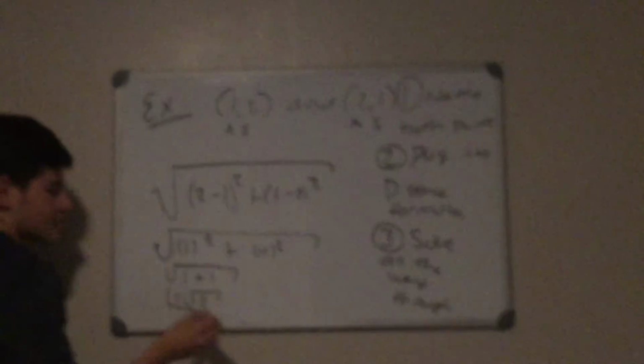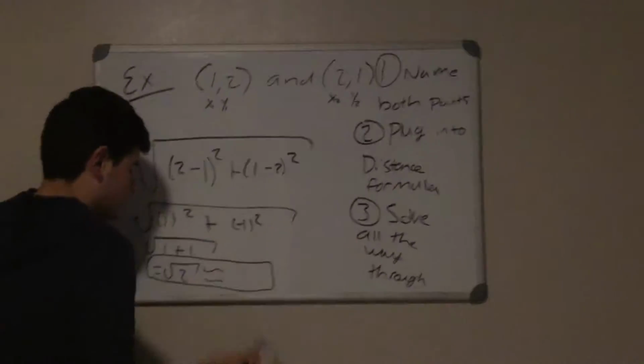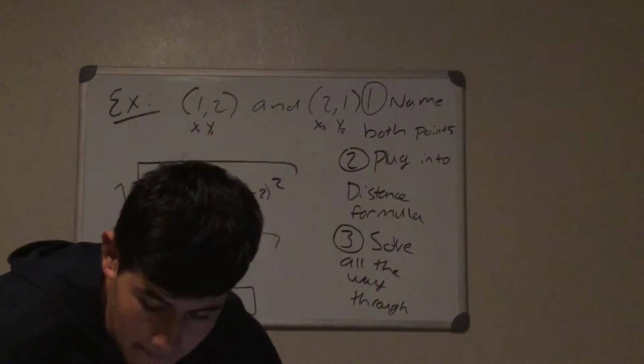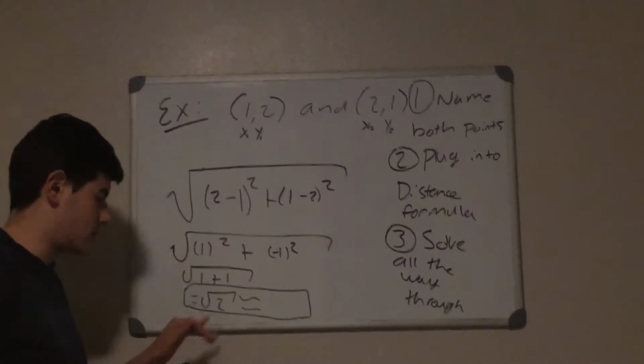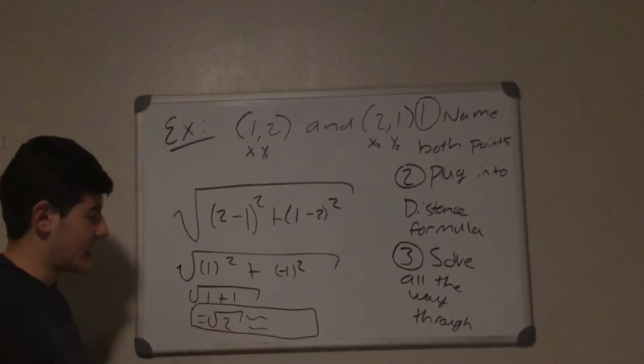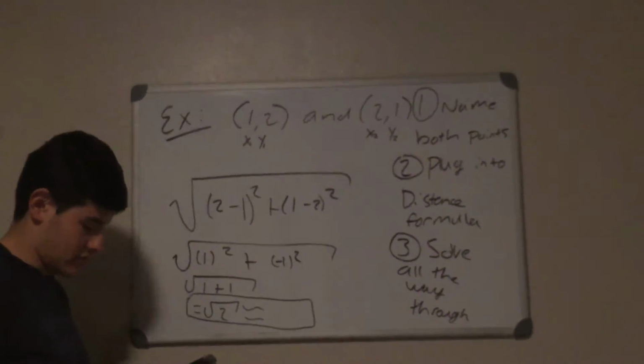And I'm going to leave that as an answer. We could plug into a calculator and get our estimation. Most teachers, ask your teacher about this, but most teachers will say that if you have it in square root like that, then you should be solid on your answer. But let's see what square root of 2 is.